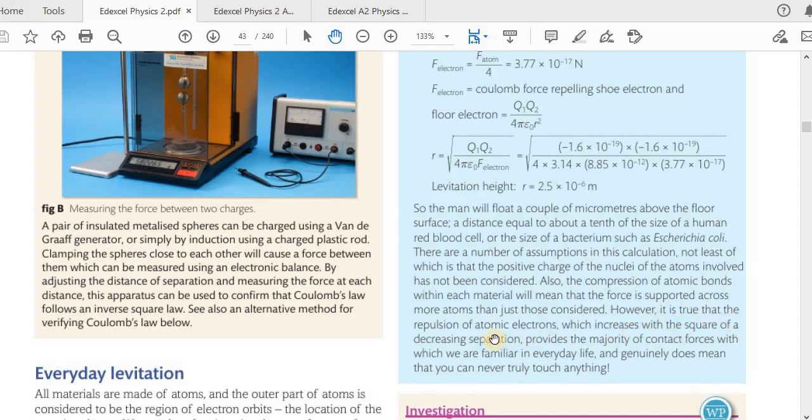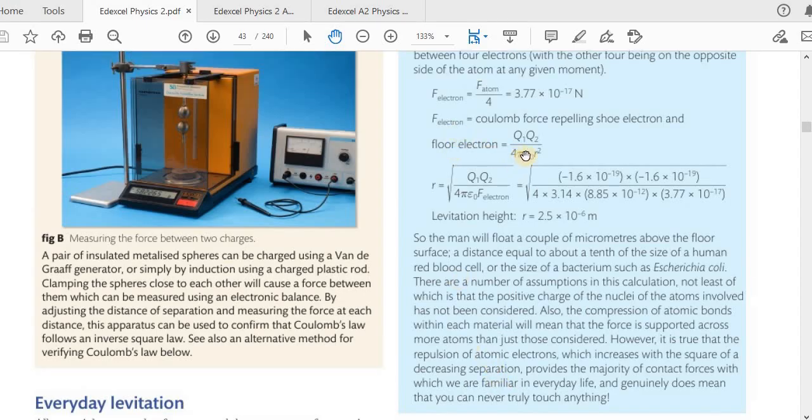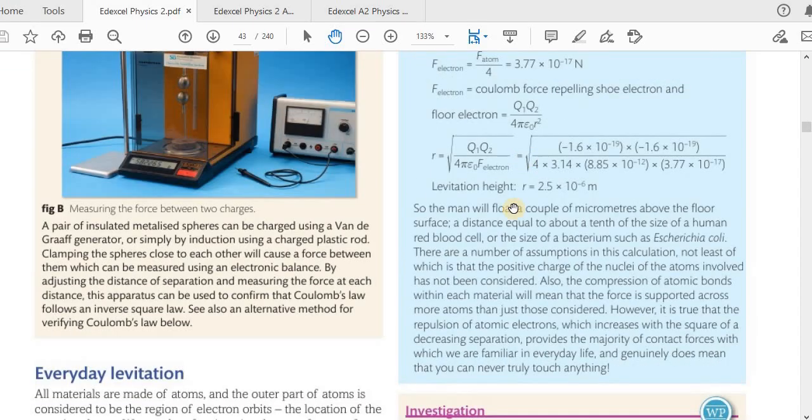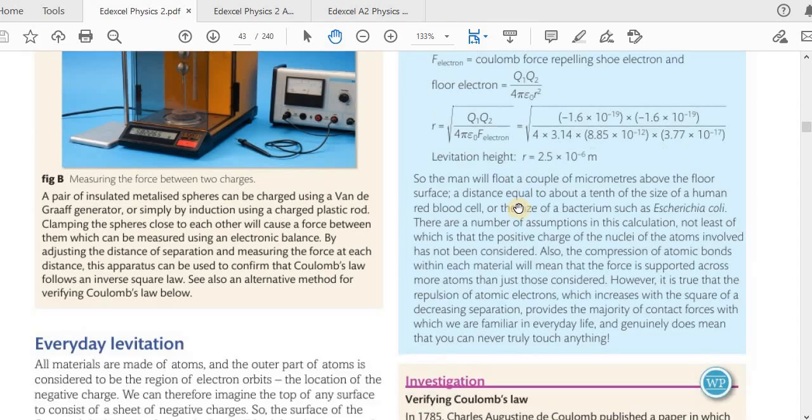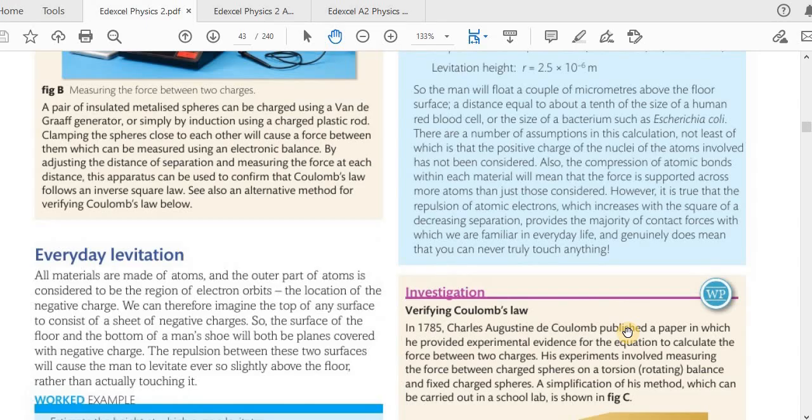However, it is true that the repulsion of atomic electrons, which increases with the square of decreasing separation, now that is this equation. Remember Coulomb's law: the force is inversely proportional to the square of the distance. From that you can understand this. It provides the majority of contact forces with which we are familiar in everyday life, and genuinely does not mean that you can never truly touch anything.